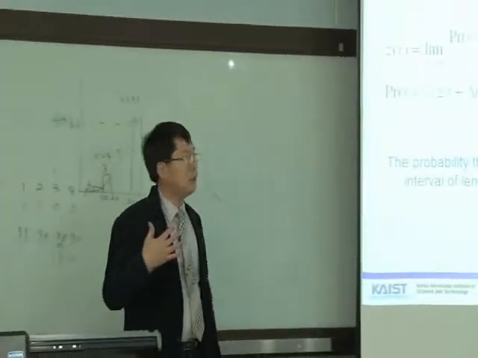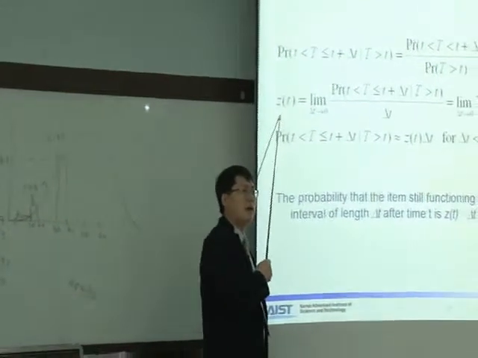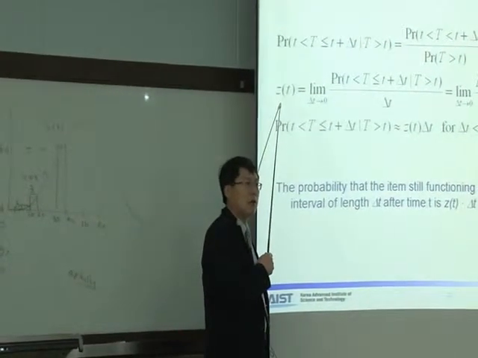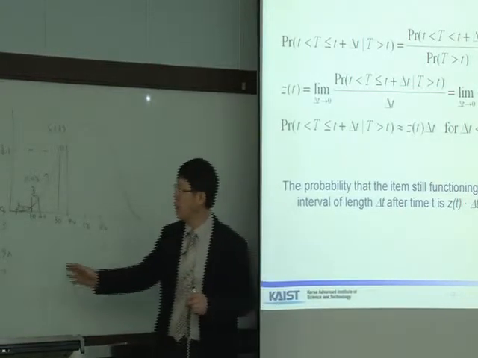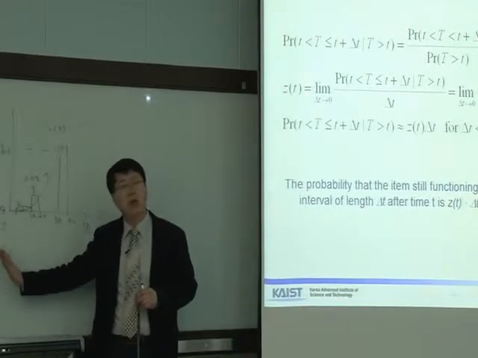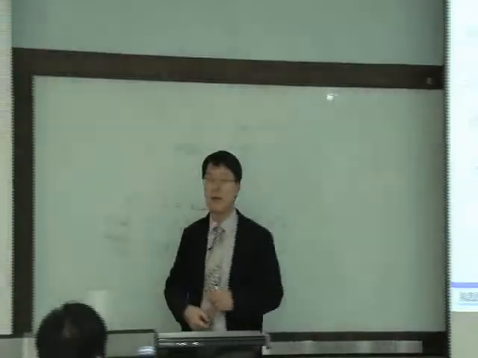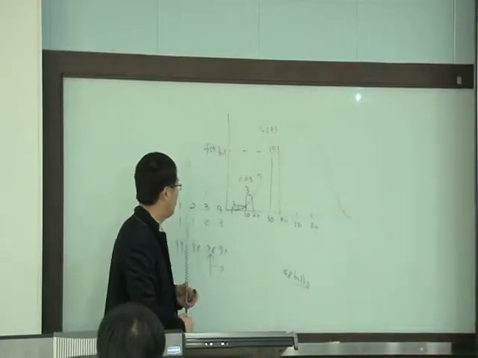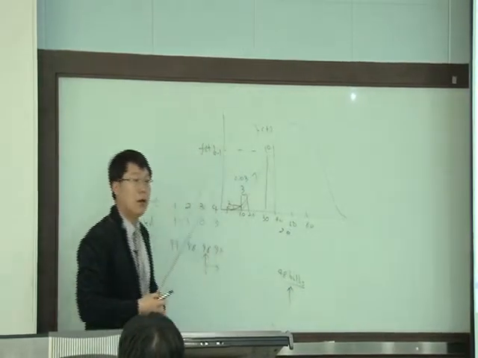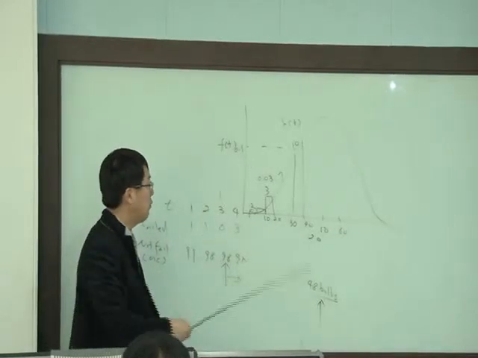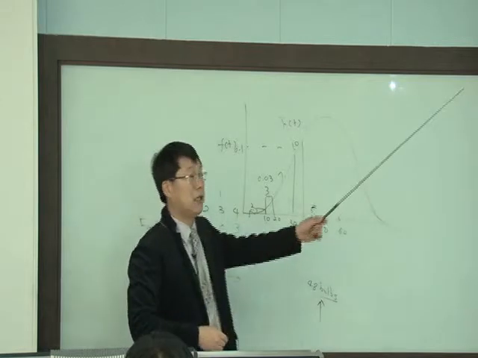So this is a kind of definition of z. In this sampling, we don't know the 20 hours. Now we are here. Okay. If we know the historical data, we can estimate z.